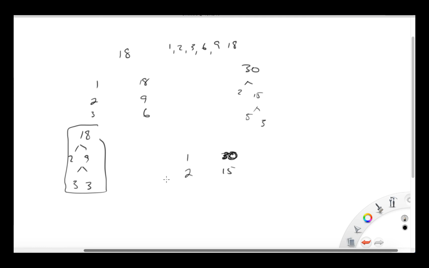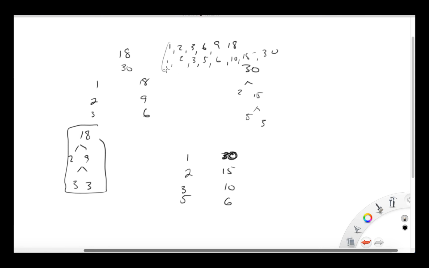Yeah, there is going to be 3 times 10. There is going to be 5 times 6, or 6 times 5, same thing. So we have quite a few factors over here. So for 30, we're going to say 1, 2, 3, 5, 6, 10, 15, and 30.